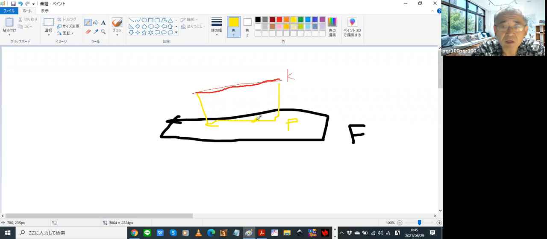There may be intersection, but by using this band annulus, count the number. It is framing. We can define framing.